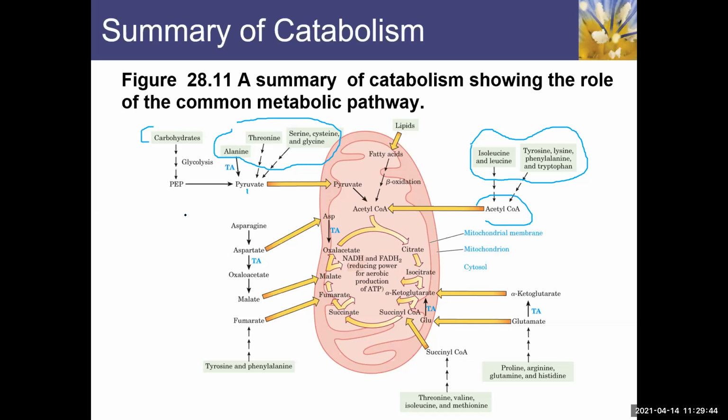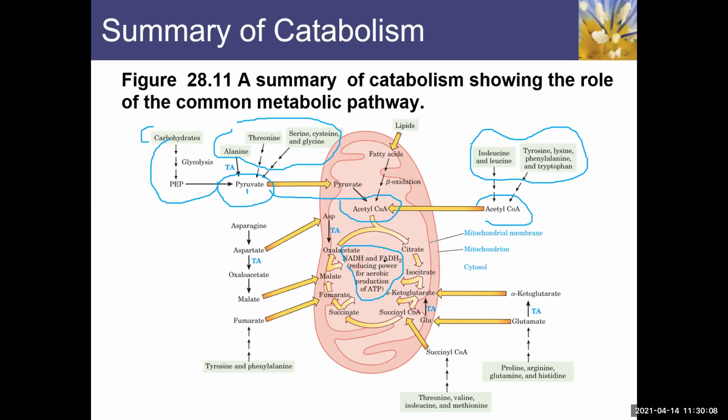Then it's showing you how we started with carbohydrates and how we converted carbohydrate in glycolysis into pyruvate, and then how we converted pyruvate into acetyl CoA, and in the previous chapter how acetyl CoA is used to produce the NADH, FADH2, which can be further used in the electron transport chain.